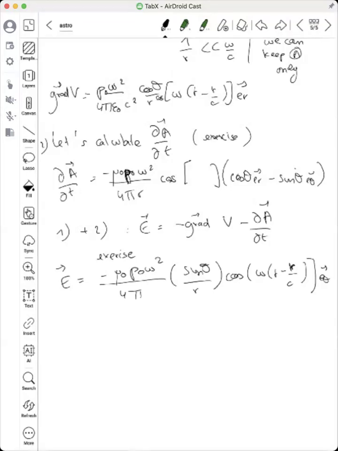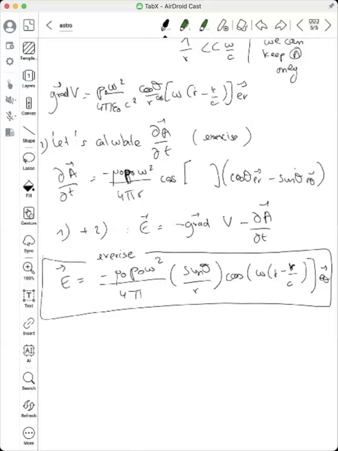This is a very important way to write the E, and we will get a lot of meaning from this in a second. Okay, but before that let's take one step back and reflect on the meaning of this expression for the field, let's derive the magnetic field too.